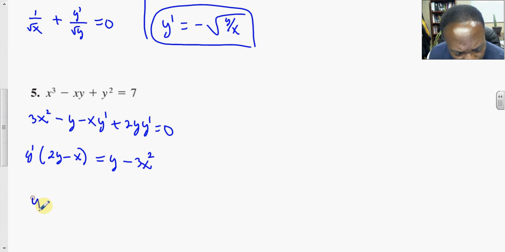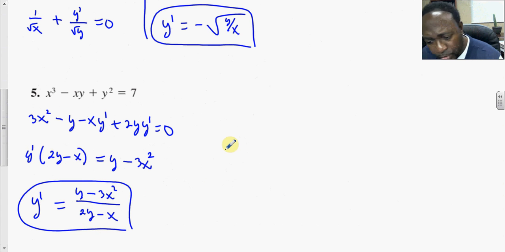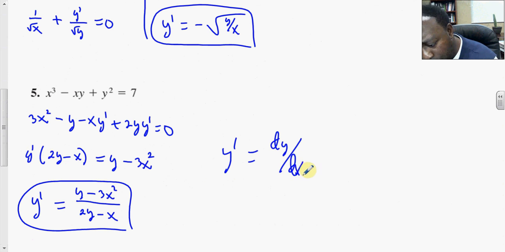And now we can write y prime is equal to y minus 3x squared over 2y minus x. And you know that y prime is the same thing as saying dy over dx, right?